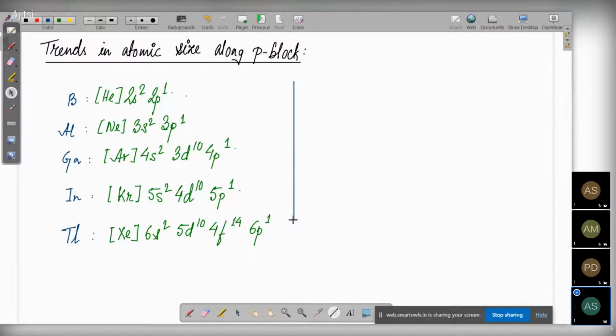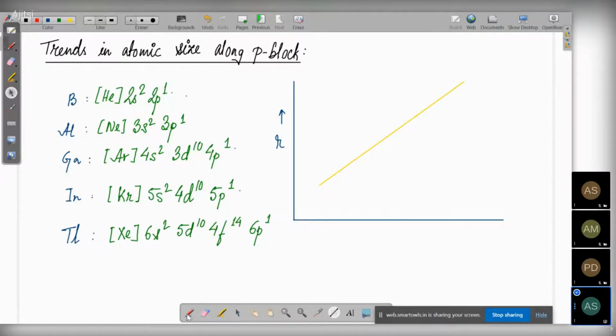Normally, our atomic size should look like this: if this is the atomic radius, the expected thing is that as you move down the group, atomic size should increase. But in reality, we are seeing that this doesn't happen.